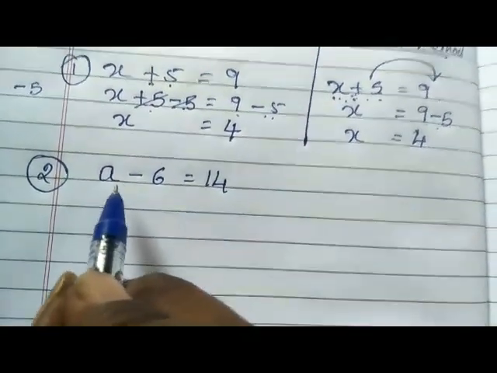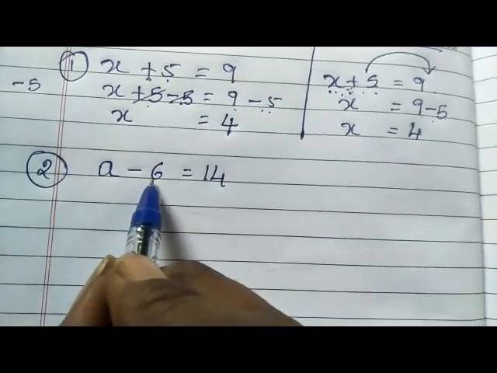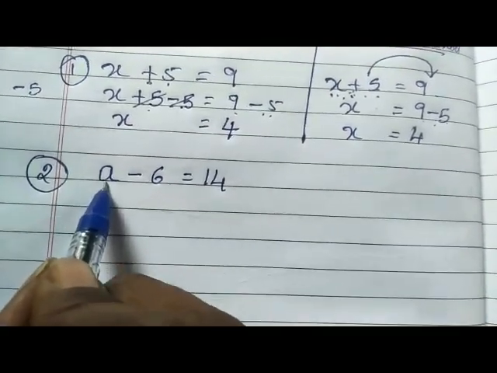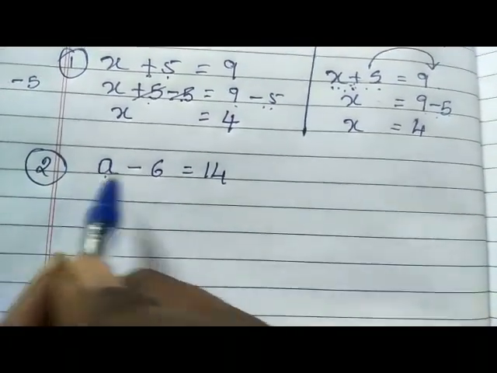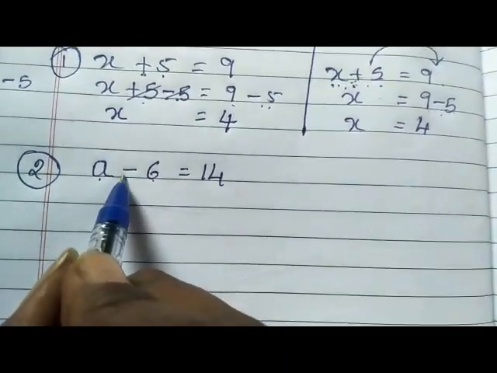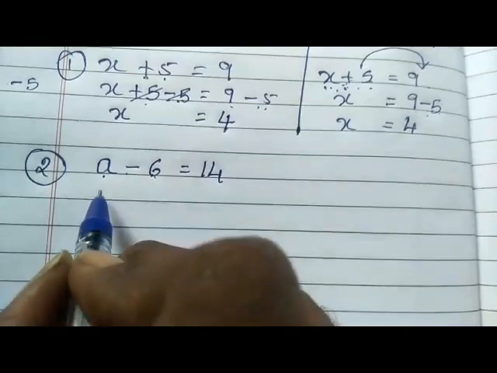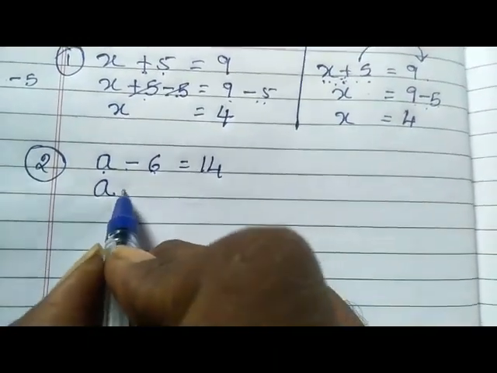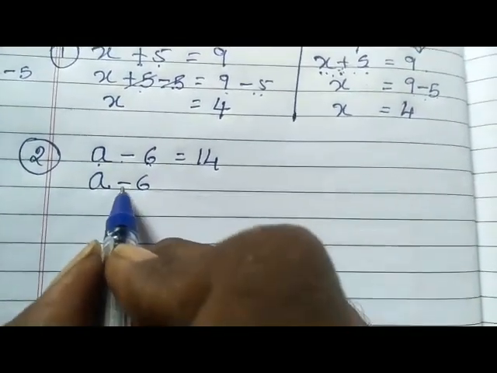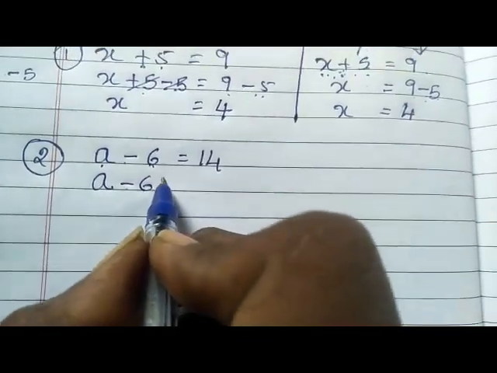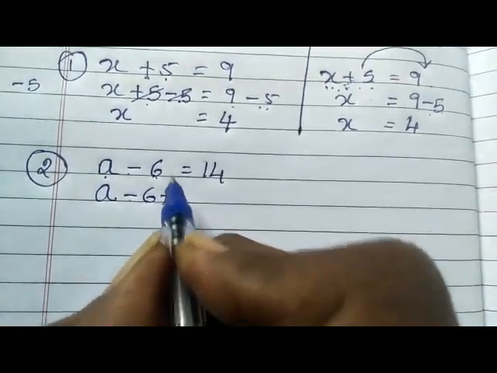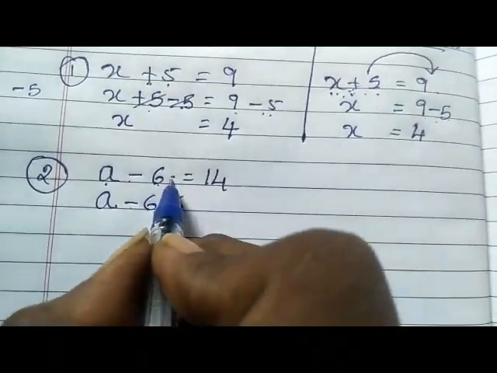You have a minus 6. We want to find the value of a. So which should be removed? Minus 6. What is the opposite of minus 6? It is plus 6. So a minus 6 first you have to write. Then what is the opposite of minus 6? Plus 6. So on this side you have to write this plus 6.